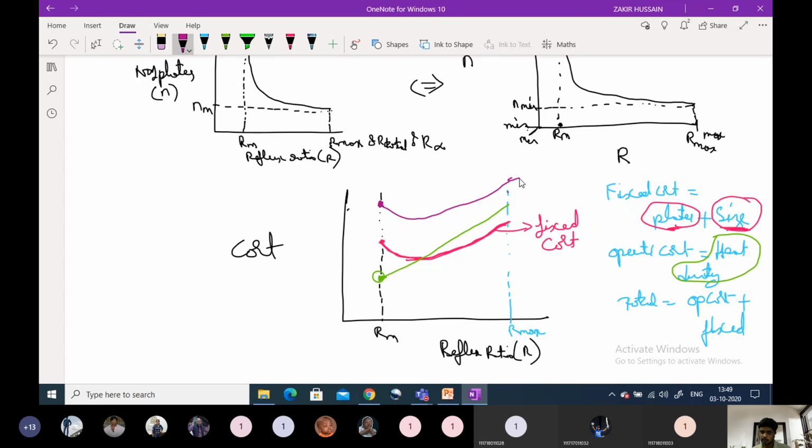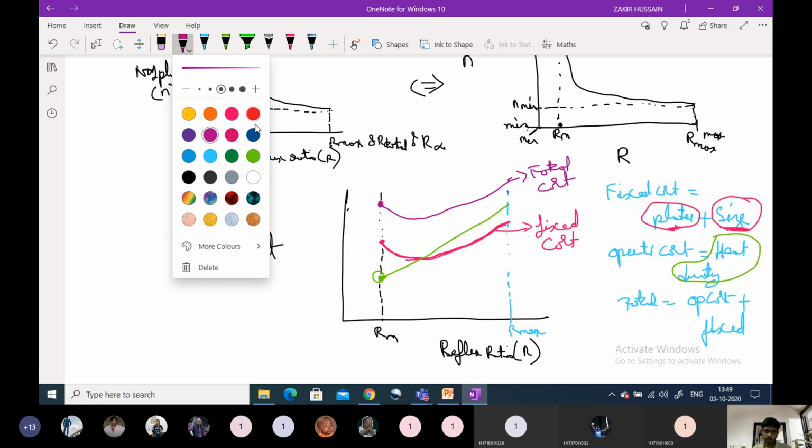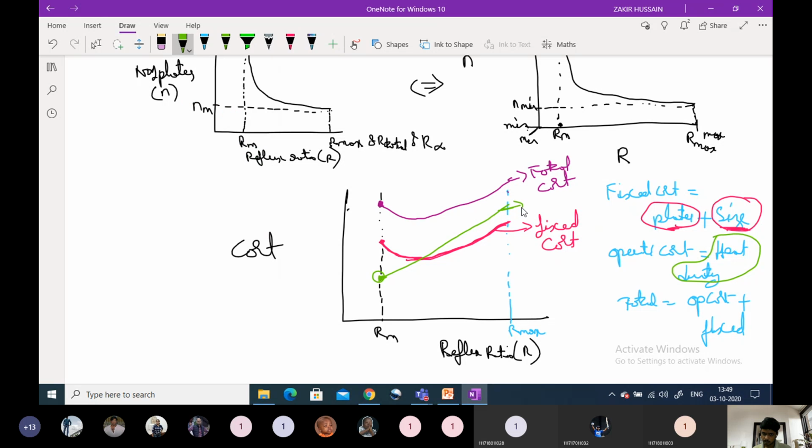So this is called the total cost, and the green line is called the operating cost. So the sum of this operating cost and fixed cost is this total cost. Now if you see, this is passing through a minima.